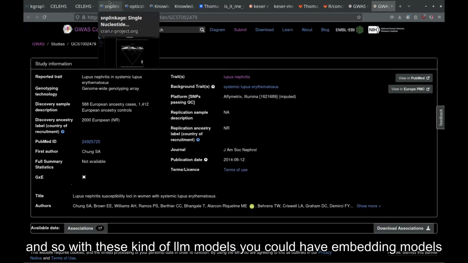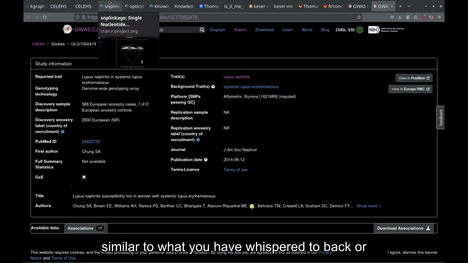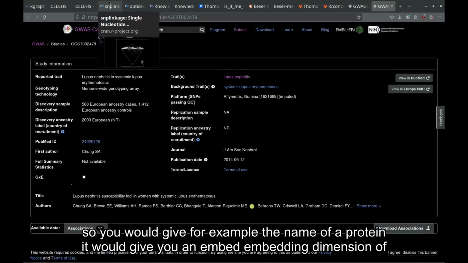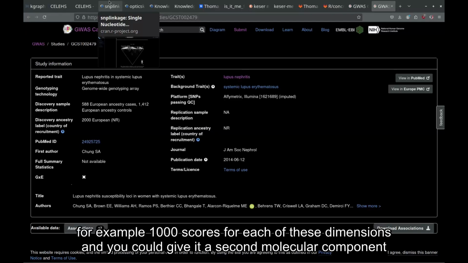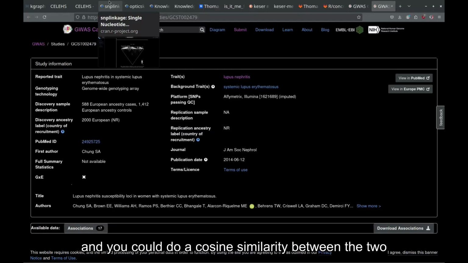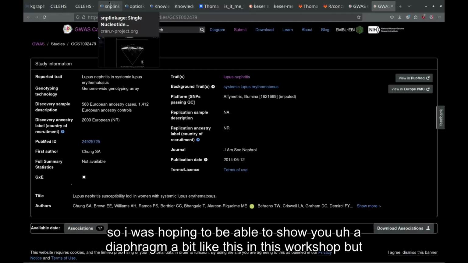With these kinds of models, you could have embedding models similar to Word2Vec. You would give, for example, the name of a protein, and it would give you an embedding of, for example, 1,000 dimensions. You could give it a second molecular component and do a cosine similarity between the two.